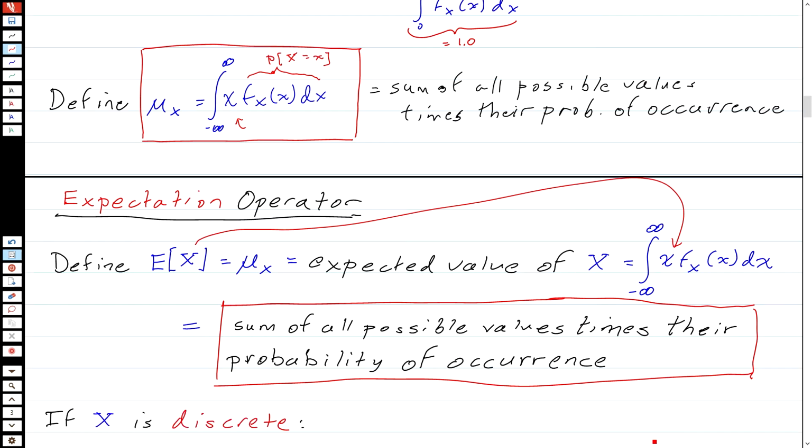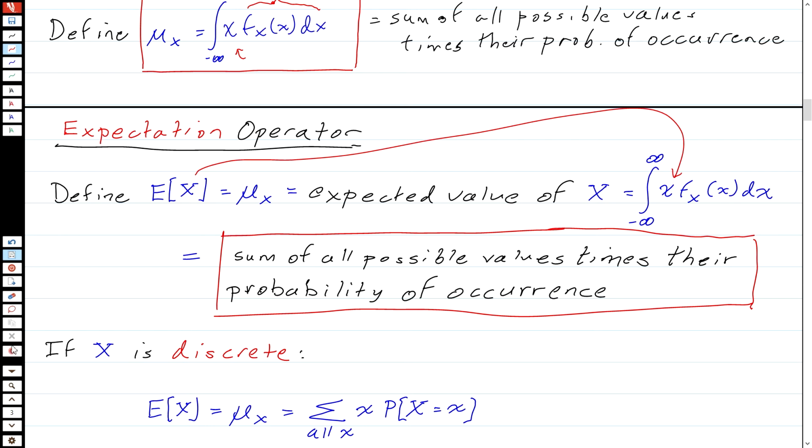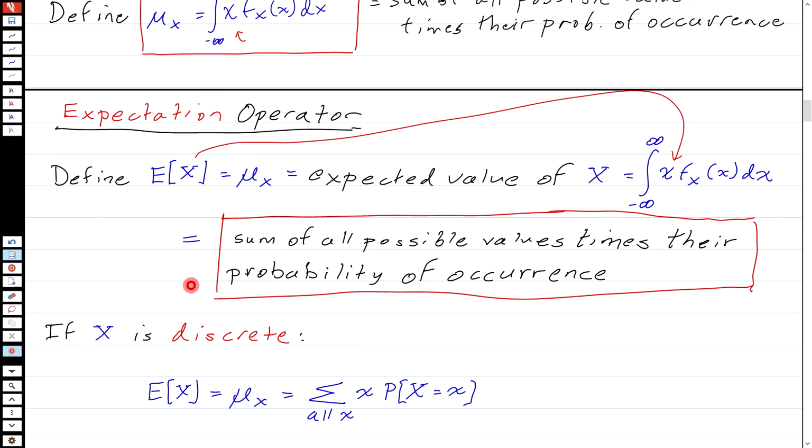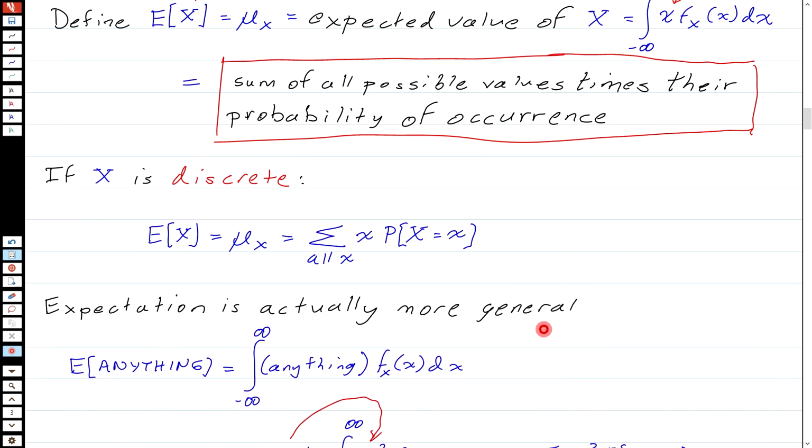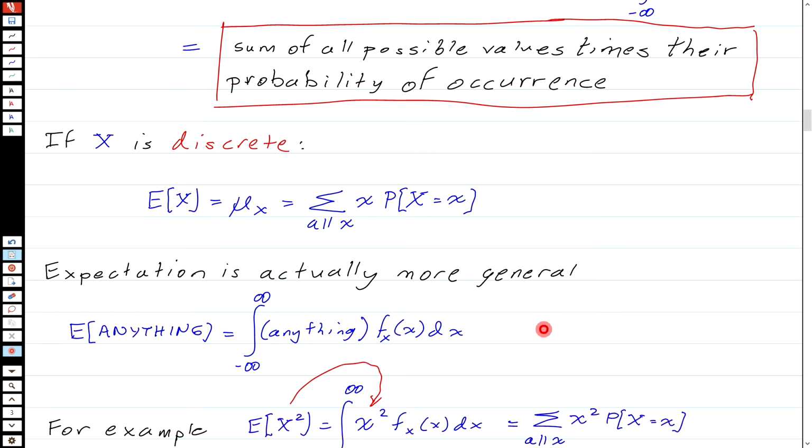I already mentioned this: the sum of all possible values times their probability of occurrence. If x is discrete, that integral becomes a discrete sum. So the expected value of x, mu of x, is the sum of all x times the probability that X equals x. In fact, expectation is more general than what I've shown up above.